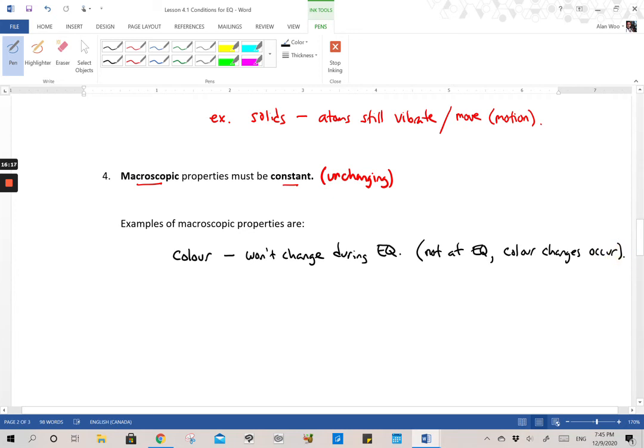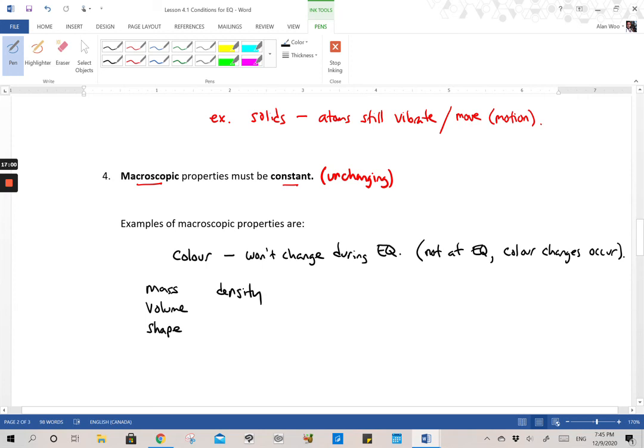Okay. So let's give you a list of common macroscopic properties. Okay. So color is one of them. There's also mass, volume. You can also measure shape, density. Okay, all observable, or detectable changes.